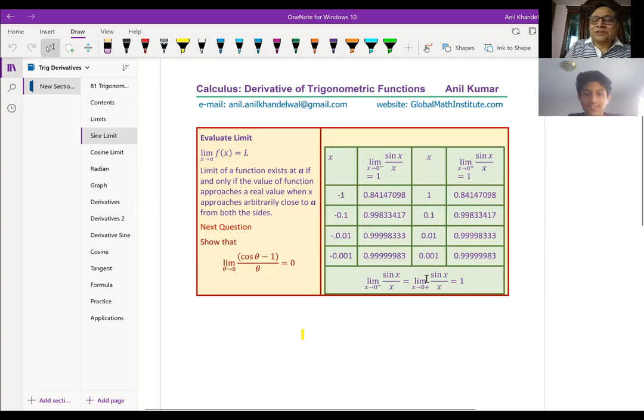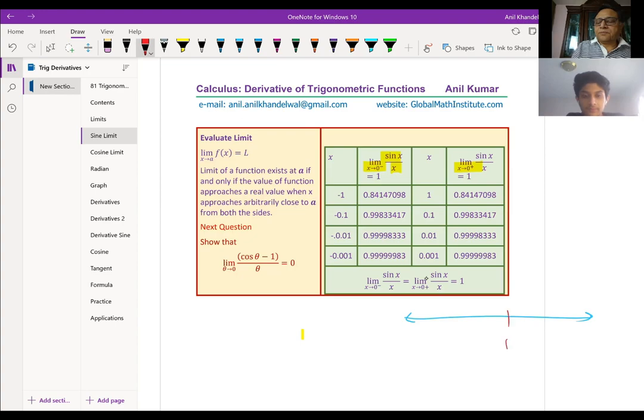You can see that here we're trying to work out the limit of sine x over x approaching from the left side of 0 and from the right side of 0. When you plug in the values, let us say this is our number line, and we want to approach x equal to 0.